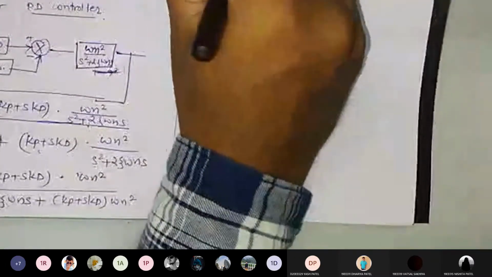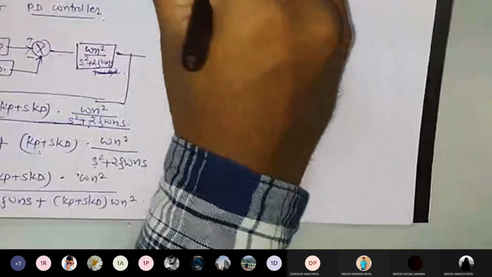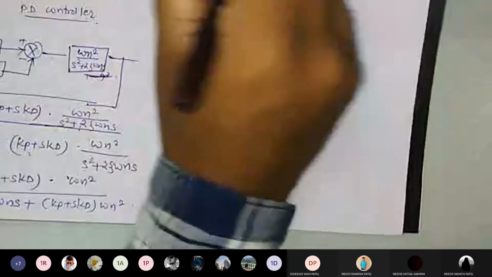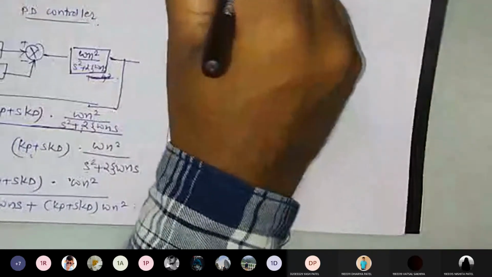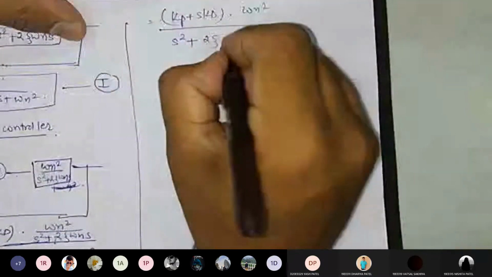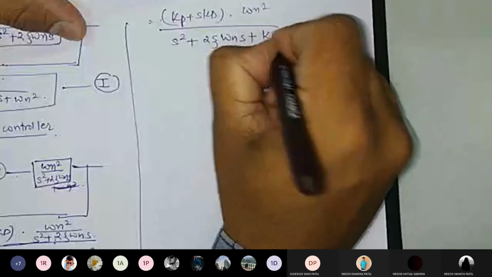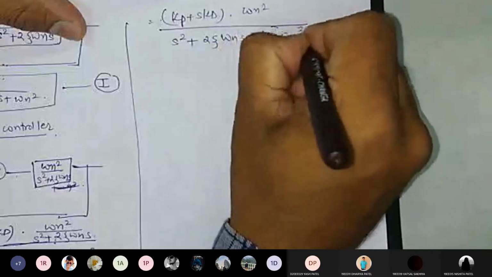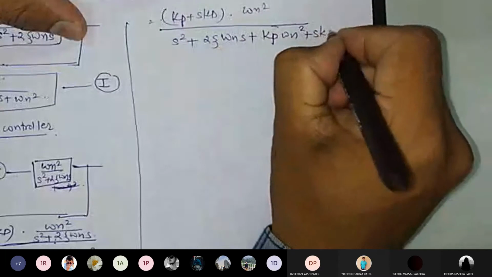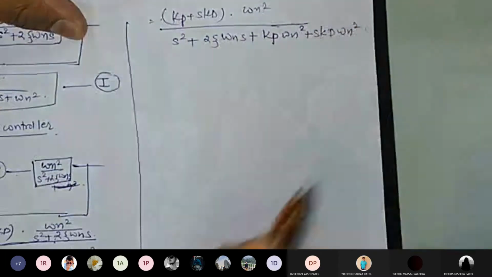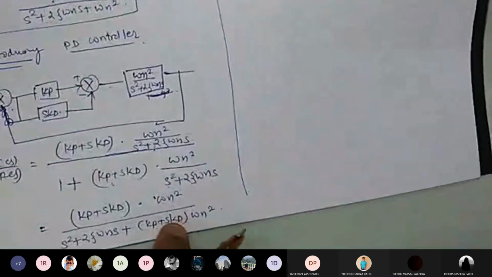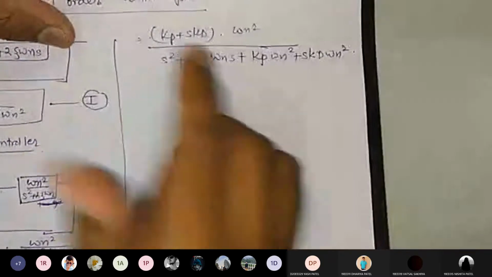Now I'm multiplying it over here. Kp plus sKd into omega n square divided by s square plus 2 zeta omega n s plus Kp into omega n square plus sKd into omega n square. What did I do? I just multiplied. So we have got this.